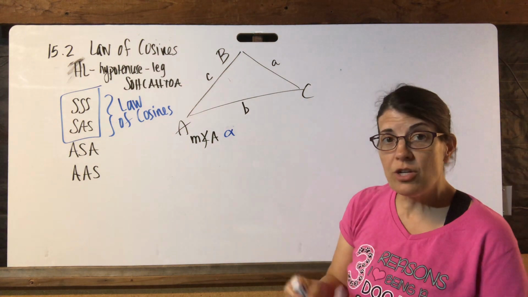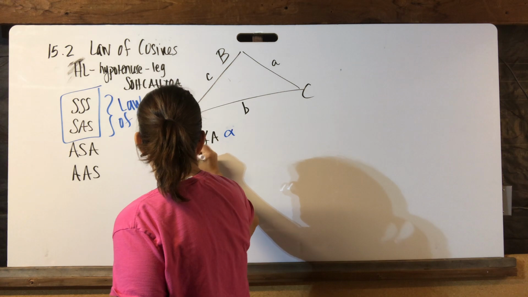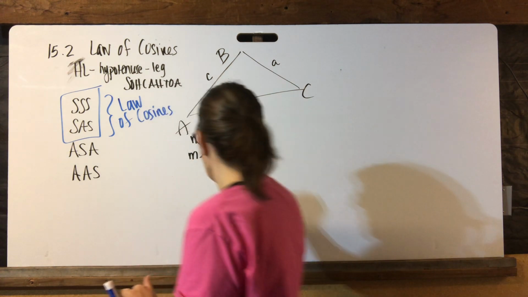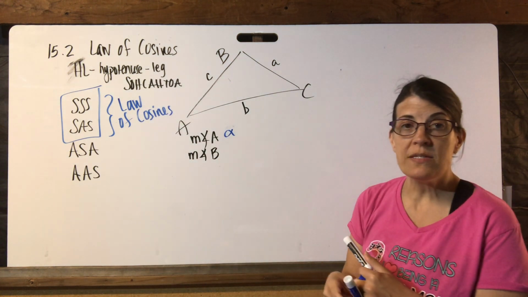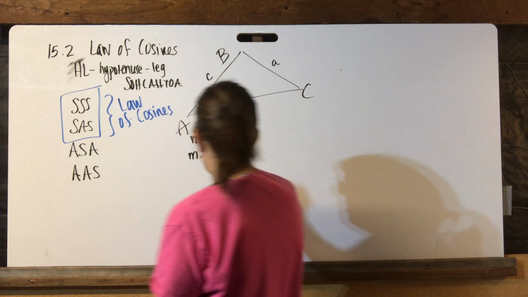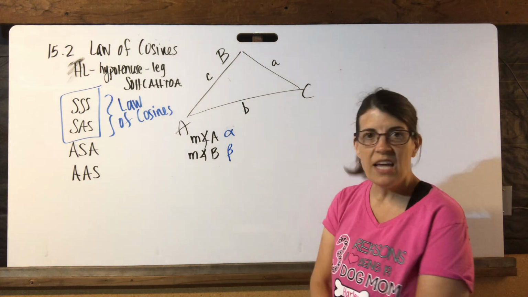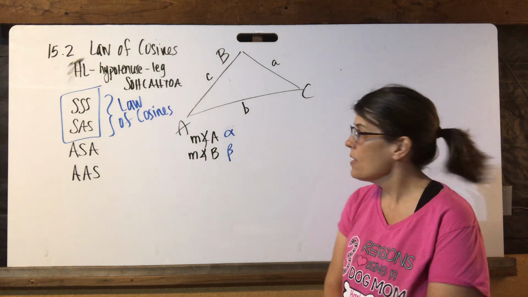The measure of angle B is known as beta, and it looks like a bee, sort of, with a tail.